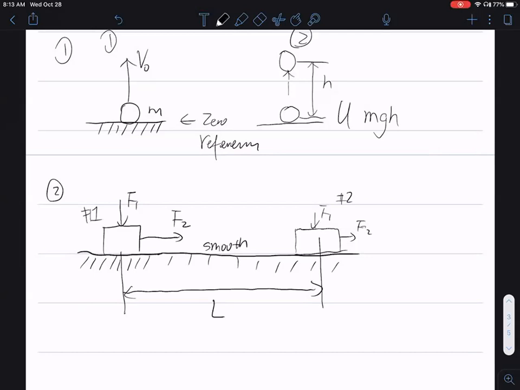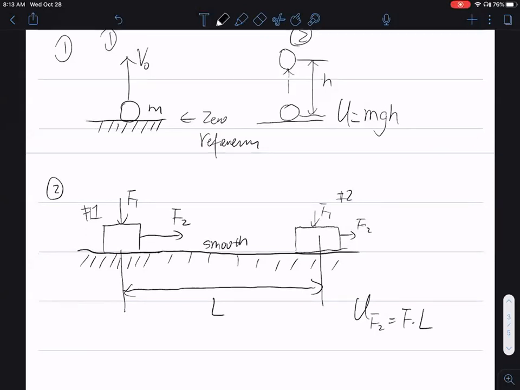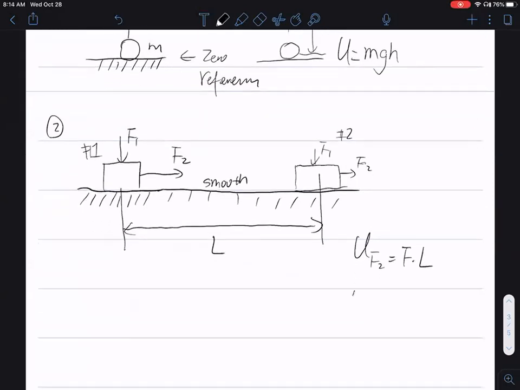Let's call this U. The work done from F2, from position 1 to position 2 equals what? F2 times the distance that the mass has traveled. So just F times L. If you want to write out what is the work done from F1, that is 0. So F1 does not do work.